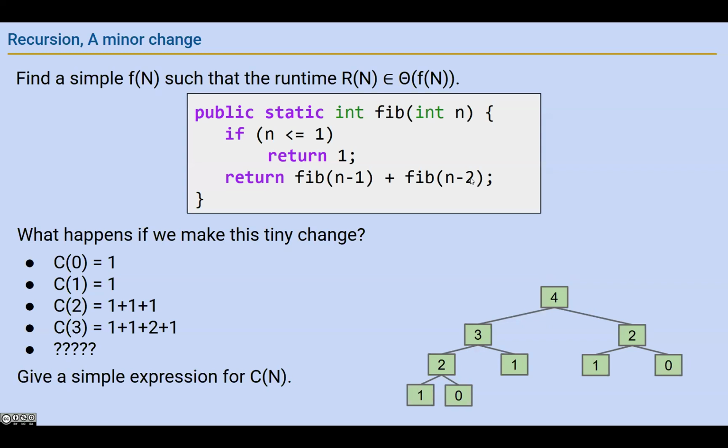What do you feel this runtime is? Fibonacci time. Yeah, it is Fibonacci time. What is that? It's somewhere between 1 and 2 to the n. Yeah, but getting an exact number is going to be really tricky.